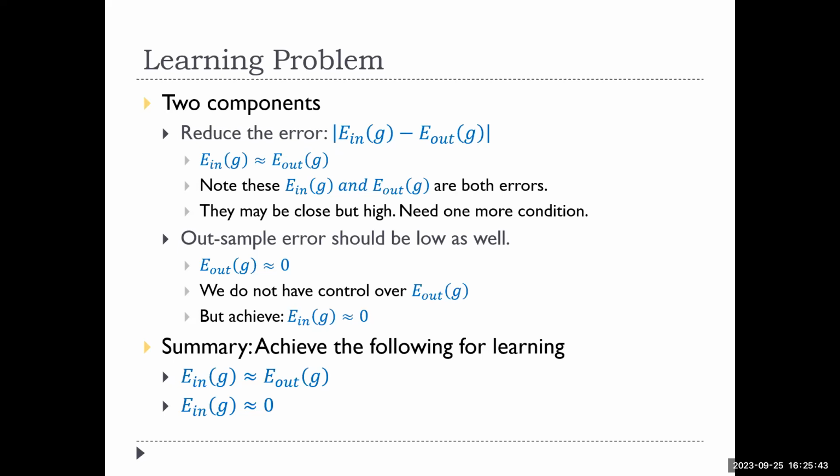That's my goal. So if we summarize, there are two parts to your learning. You need to guarantee that your training accuracy is very similar to testing accuracy, and you need to guarantee that your training error is close to 0.